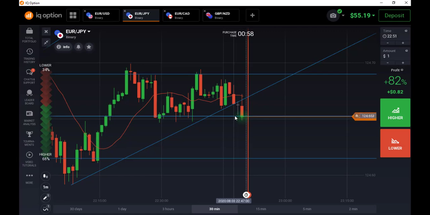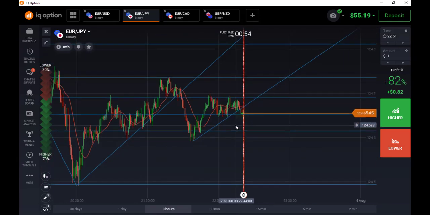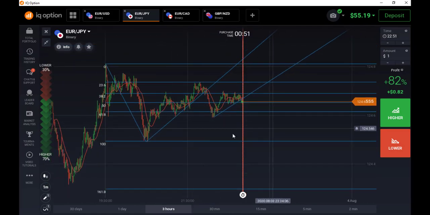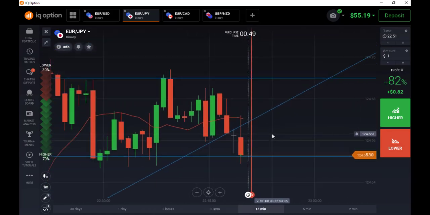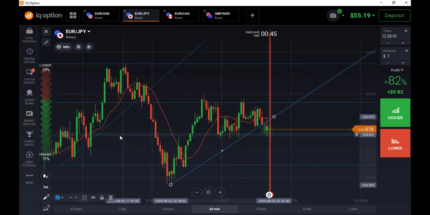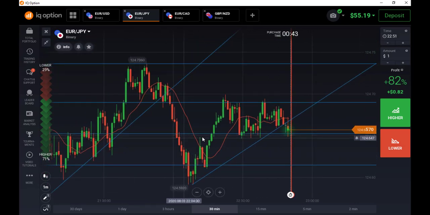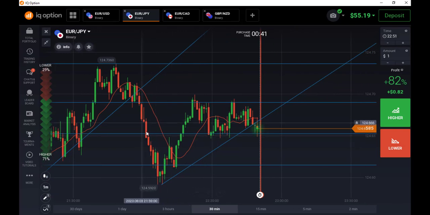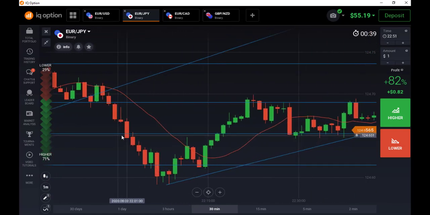See, I think this point should be a support anyway, and I have seen it most of the time, but it is not the exact same point. Here it is that the support has been broken.